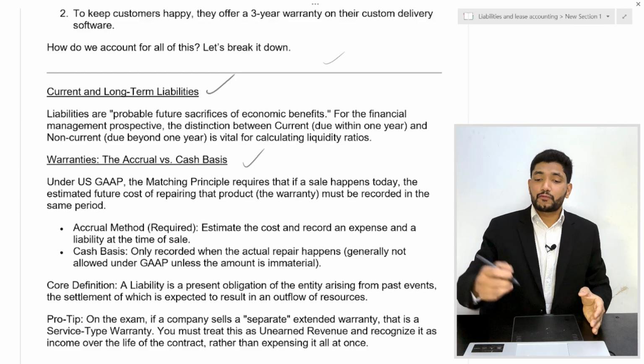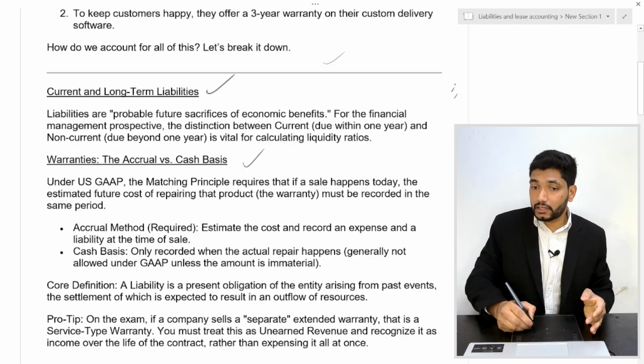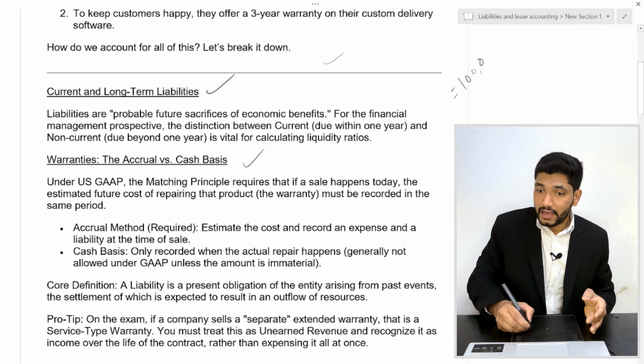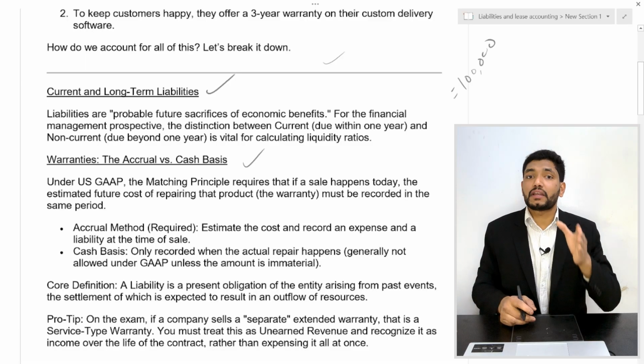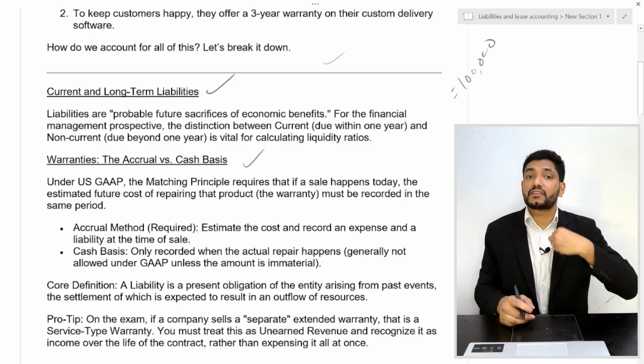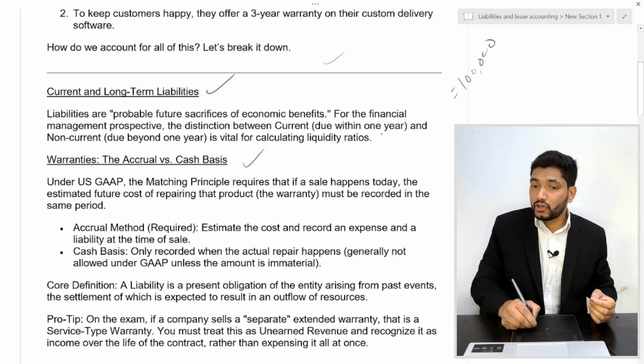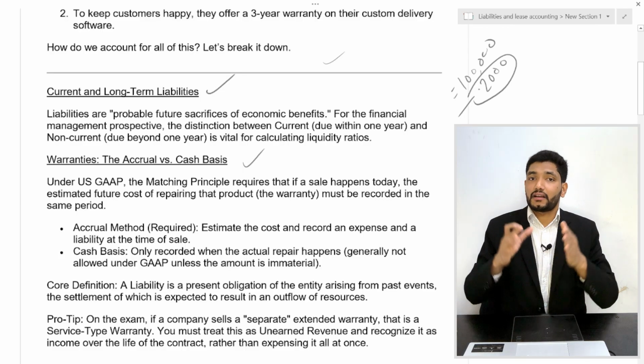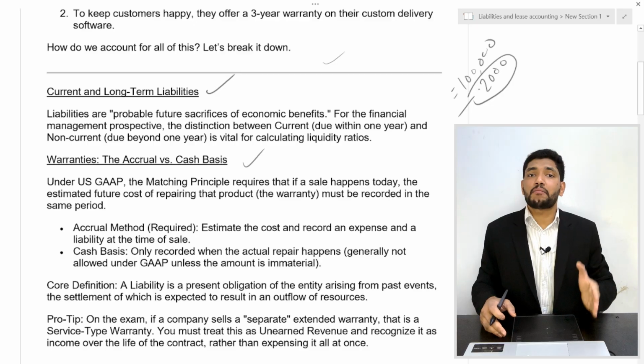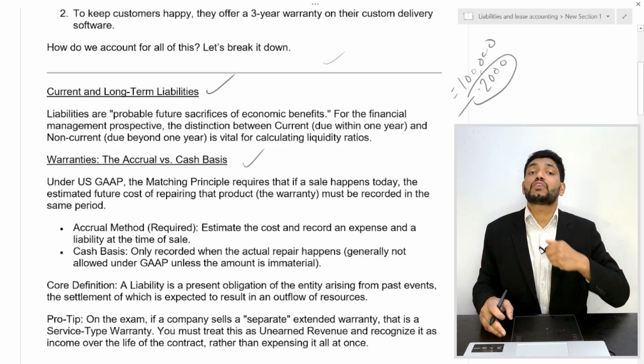That means if you sell for 100,000, as per your experience, you are assuming that there is a 2% chance of returns. So, you have to consider 2%, meaning 2,000, as your warranty liability on that period, even if it does not occur.